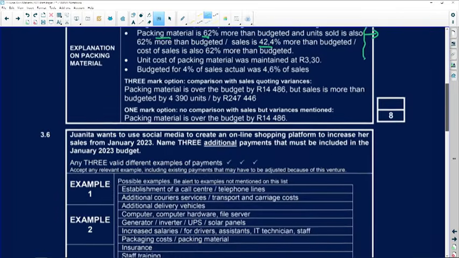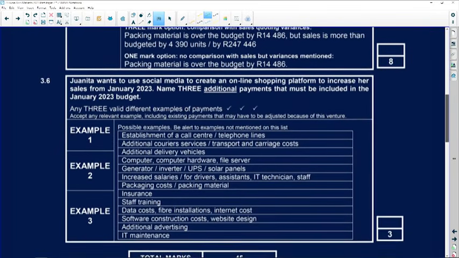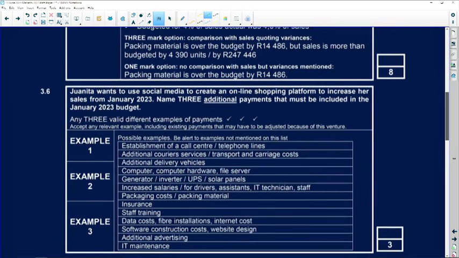Right, I want to touch quickly on the last question. I'm going to use the memo for this because this one's quite an easy question. The owner wants to use social media to create an online shopping platform to increase her sales from Jan. Name 3 additional payments that must be included in Jan's cash budget.